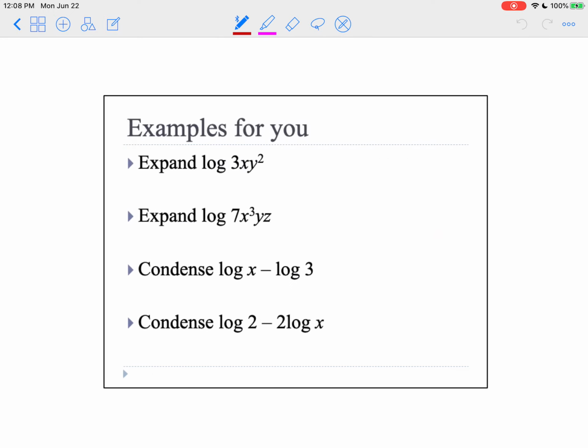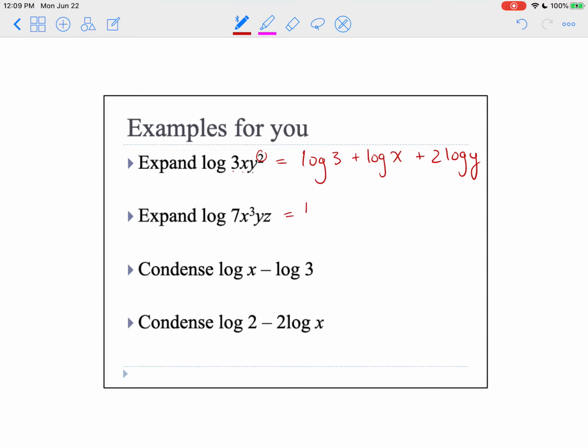So let's do some more difficult expanding and condensing. I'm just going to go through and do the answers. Again, you can pause, you can go back, you can watch this as many times as you want to figure it out. But basically, since I'm multiplying the 3, the x, and the y squared, I'm going to have 3 different logs. I'm going to have log of 3 plus log of x, then plus 2 log of y, and this 2 came from the exponent coming down in front of the y.